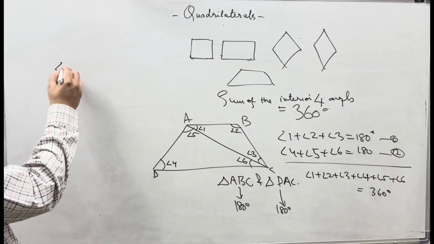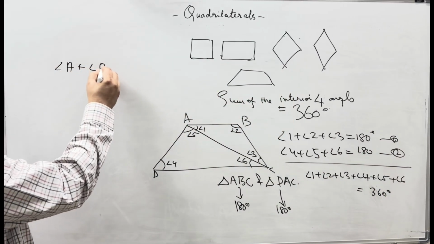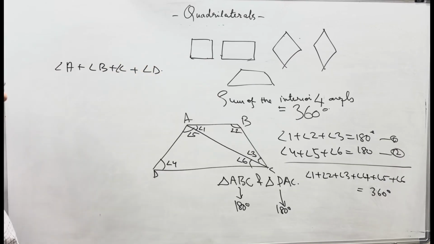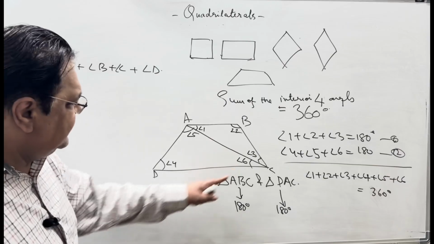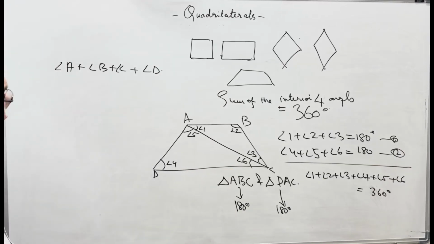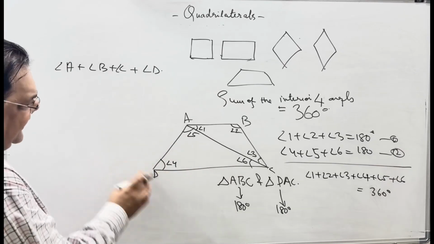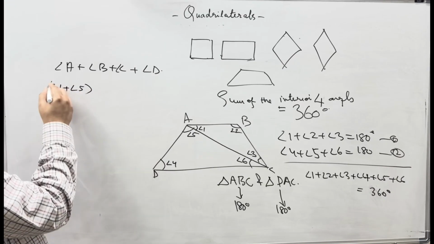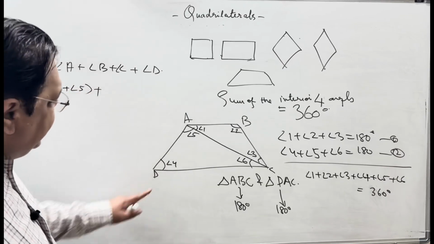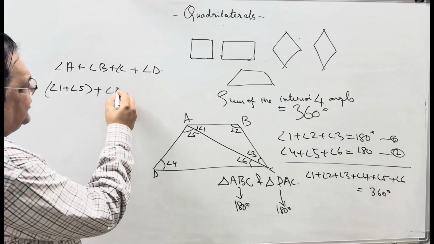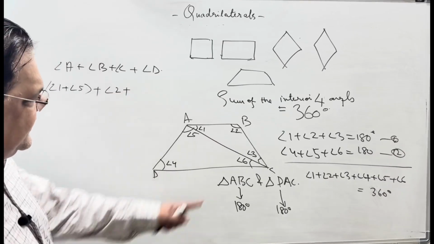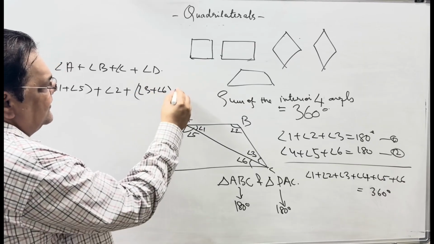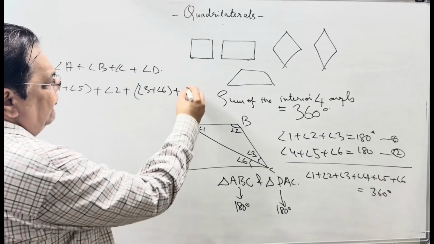So we will write here angle A plus angle B plus angle C plus angle D and check what is the sum of the total angles. So angle A is angle 1 plus angle 5, B is angle 2, C is angle 3 plus angle 6, and D is angle 4.